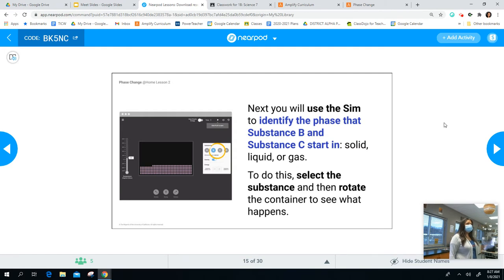Next, we're going to use the sim to identify the phase that substance B and C start in. So B and C. Are they going to be solids, liquids, or gases? To do this, select the substance and then rotate the container to see what happens.